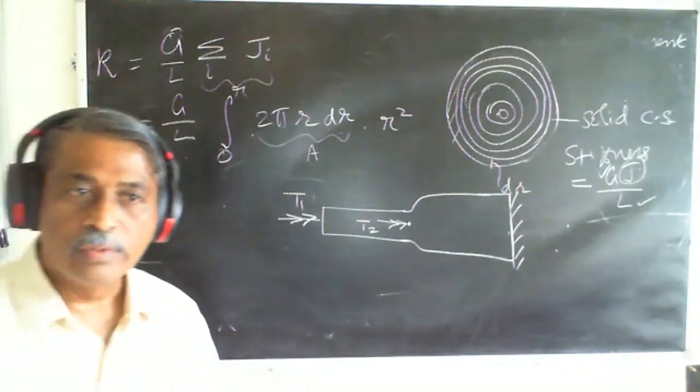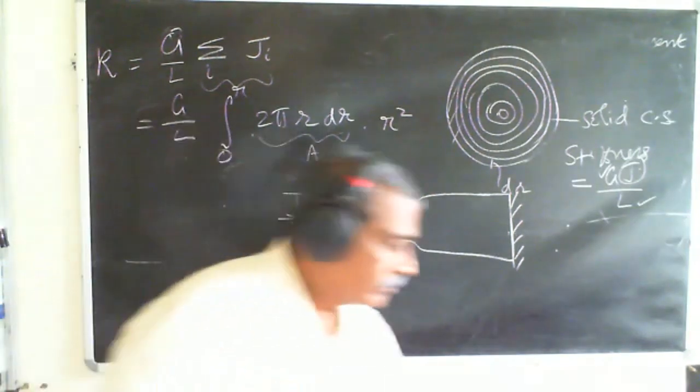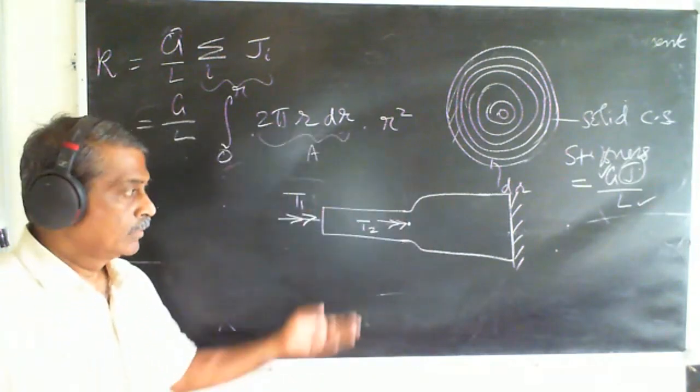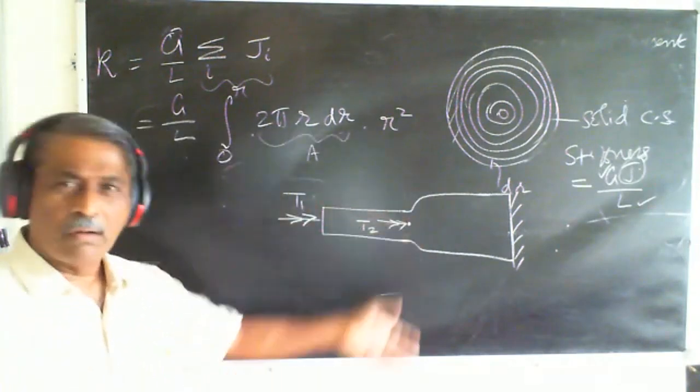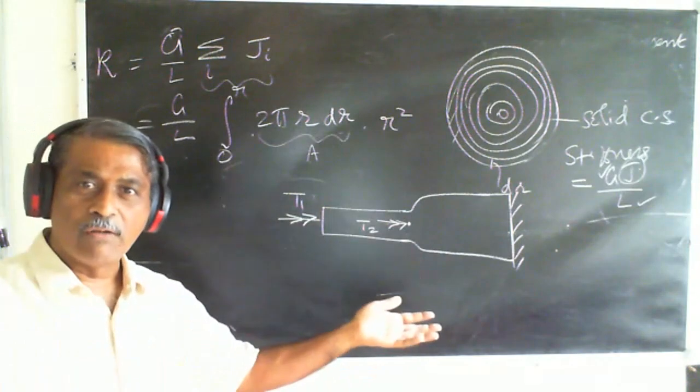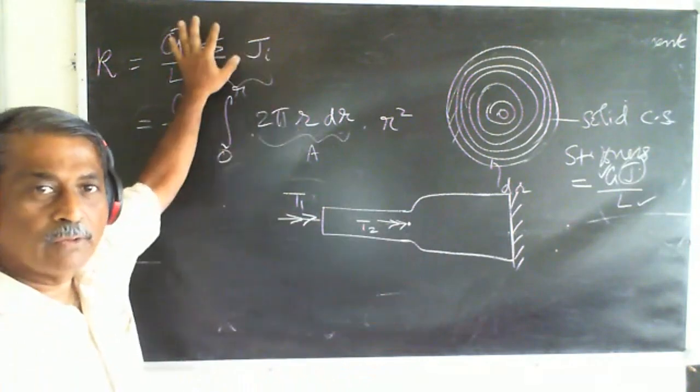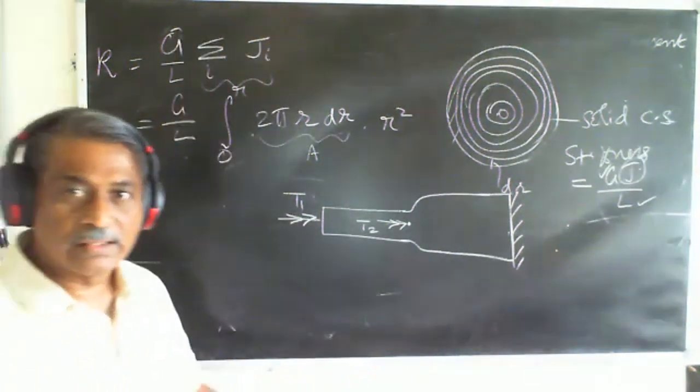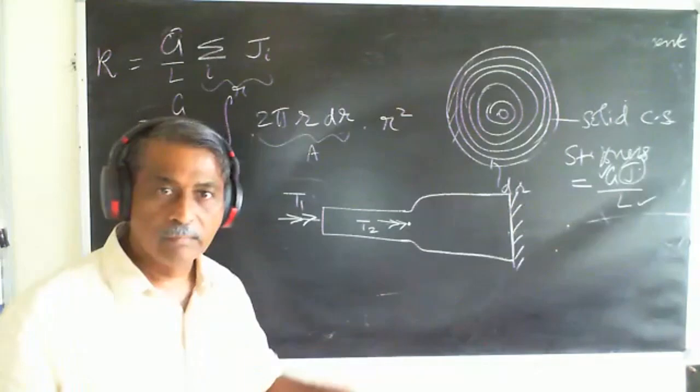How will I go about solving this? Let's just figure out how we solve for different structures, having found out these basic ideas. How will I do it?